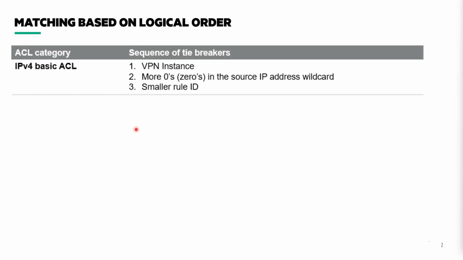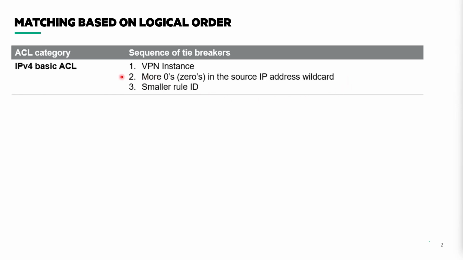Now there's another way in Comware that is very specific to Comware. We call it auto mode. The auto mode doesn't initially look at the rule ID or the sequence. It will initially look at the VPN instance, and if there's no VPN instance, it will look at the rule that has more zeros, i.e. more specific in the source IP, so the longest match if you like.